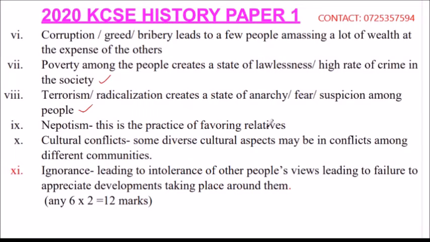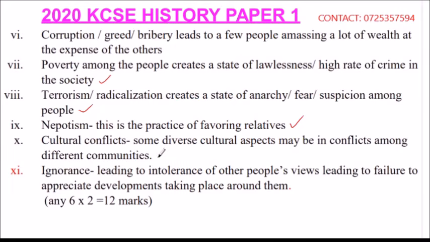Nepotism, this is the practice of favoring relatives. For example, when one is offering employment, you only consider those people that are your own relatives. So that also is a challenge to national unity. Cultural conflict: some diverse cultural aspects may be in conflict among different communities.